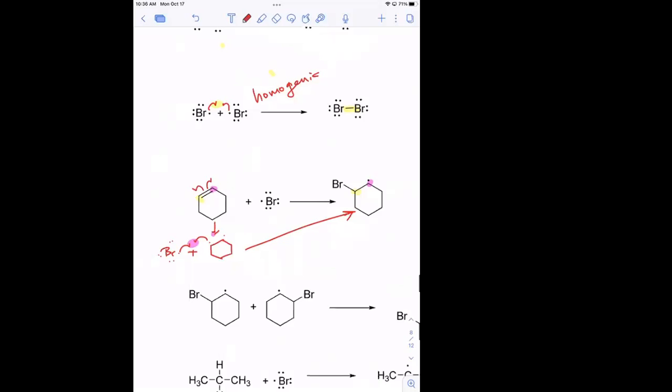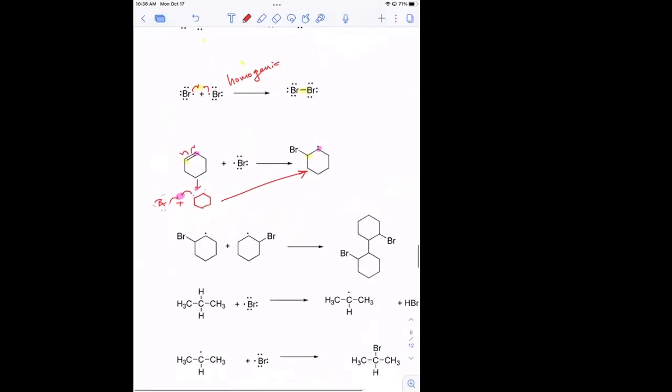All right, let's see what we got down here. What happened? Shared that floating single electron. Yep. So I made a sigma bond over here, didn't I? And the way I did that is to take an electron from each one of those carbons and share it.